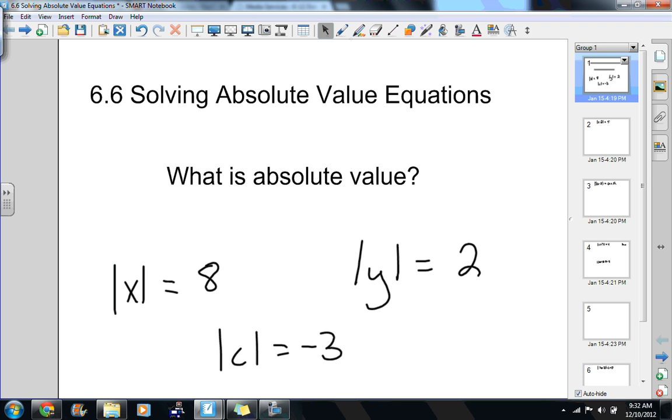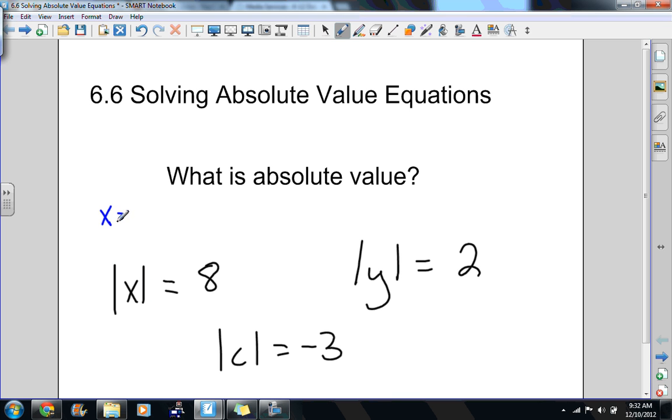The idea here being that if I have the absolute value of some number x equal to 8, that means this number x can be 8, because the absolute value of 8 is 8. But it also means that x can be negative 8, because the absolute value of negative 8 is going to be equal to 8 as well.